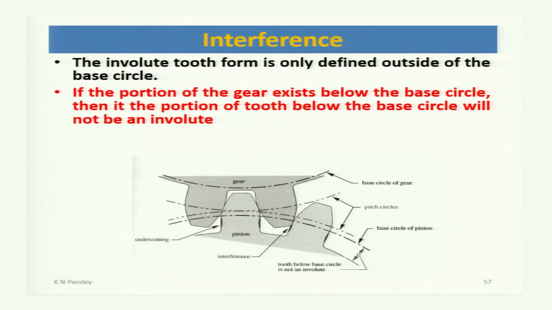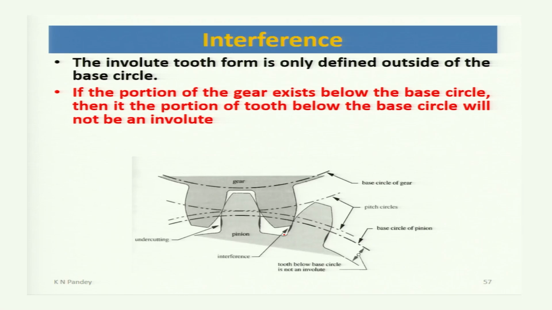for an involute tooth profile, interference is a phenomenon which is one of the disadvantages of the involute tooth profile. Now, we have seen that a gear tooth formed with the help of an involute profile has a non-involute portion below the base circle.